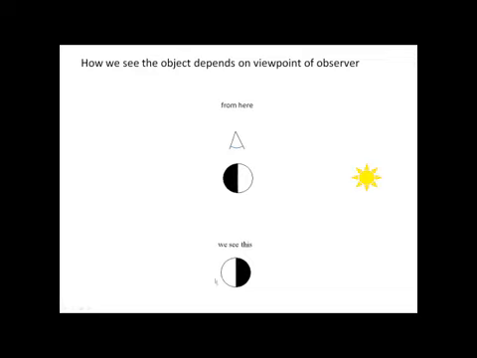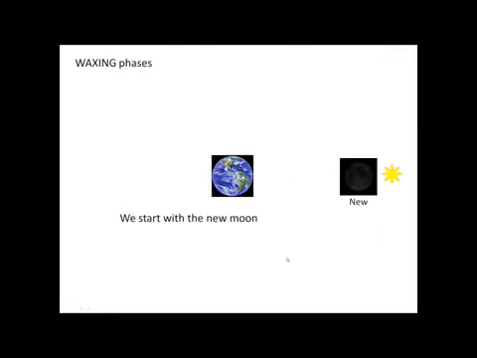This is very similar to the waxing and waning phases, where the waxing phases are illuminated on the right and the waning phases are illuminated on the left. We'll see that in just a moment. And finally, from here, when we're on the same side of the object as the sun, we see it fully illuminated.